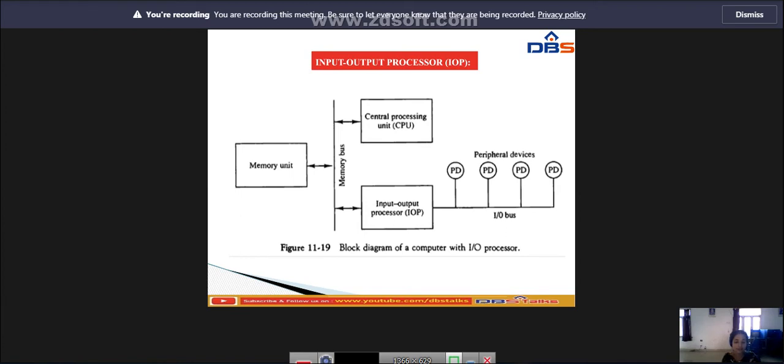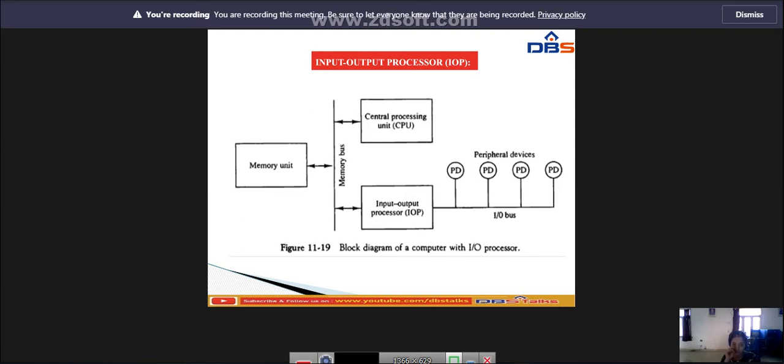In this configuration, the computer system can be divided into a memory unit and a number of processors comprised of the CPU and one or more IOPs.